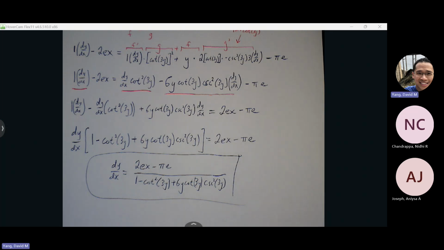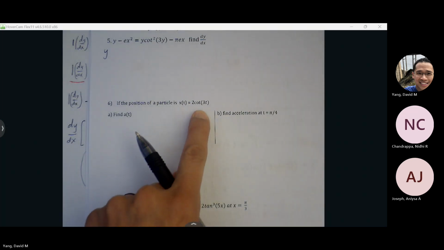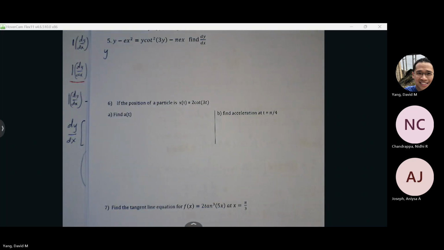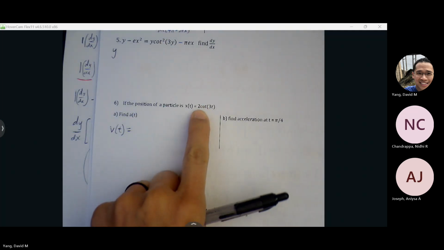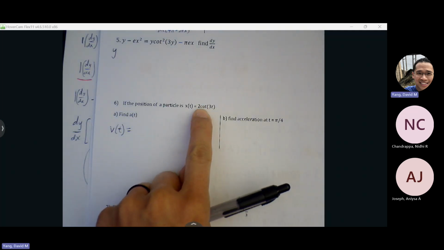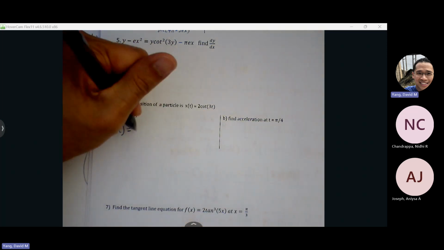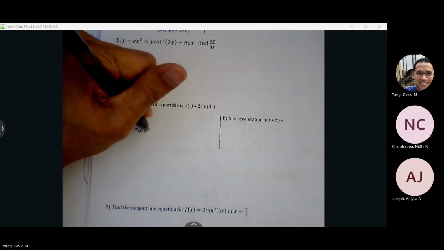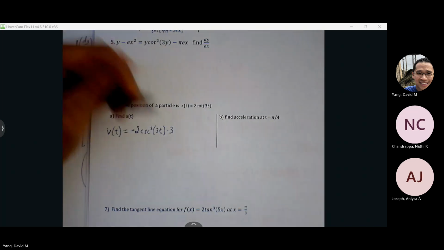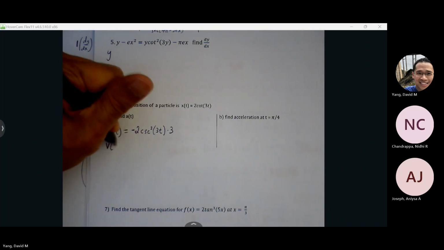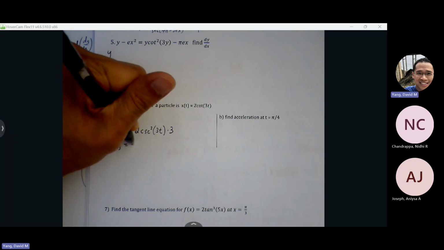Okay, number 6. So we have to make our way down to acceleration. Cotangent becomes negative cosecant squared u times u prime. Let's set it up for chain rule.